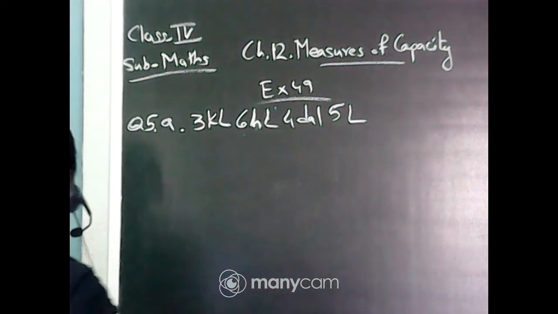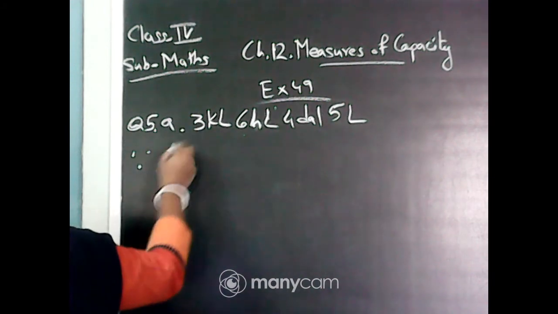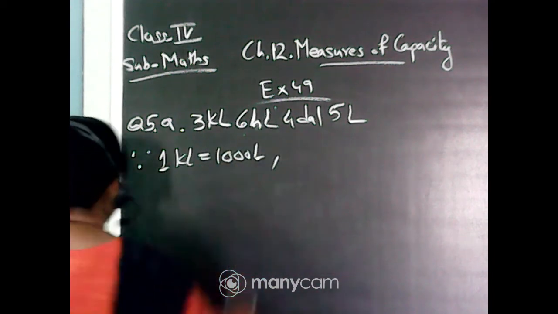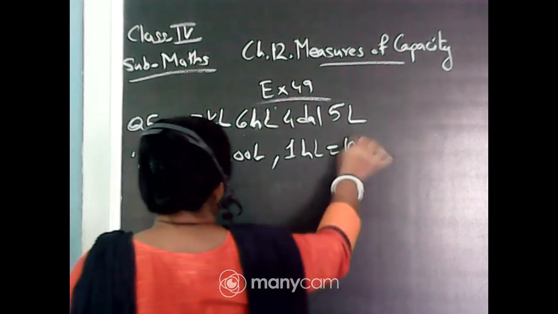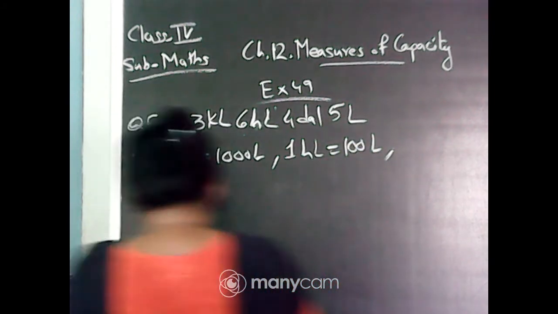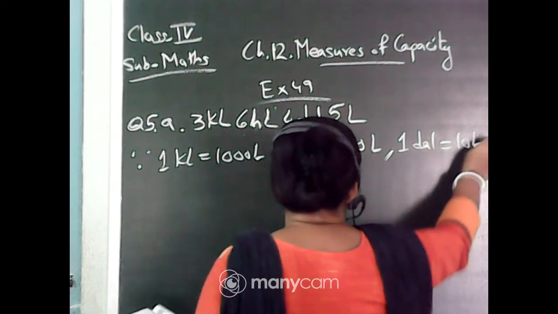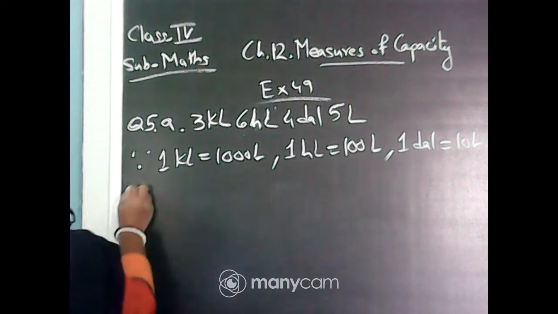You will write that since we know that 1 kiloliter is equal to 1000 liters, 1 hectoliter is equal to 100 liters, and 1 decaliter is equal to 10 liters.